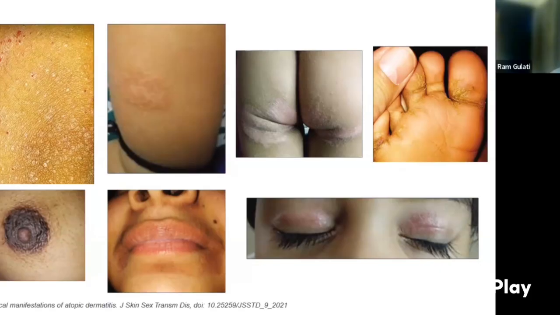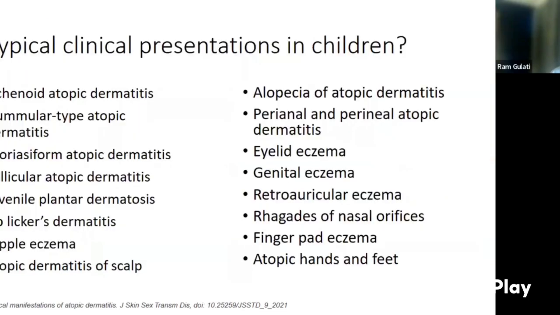And it has been shown that TH17, TH22 has got a much more role to play in the Asian population. And maybe IL-4, IL-13 is something which is constant throughout the various ethnic backgrounds. Psoriasiform atopic dermatitis, again, is kind of a stubborn atopic dermatitis, and you might have to resort to therapies other than the topical therapies that we have at hand.